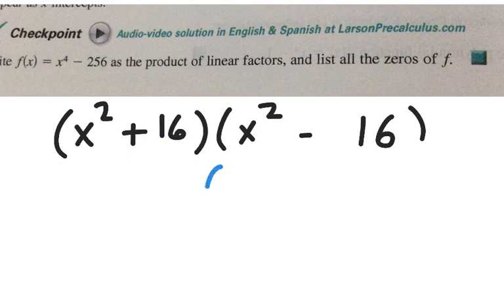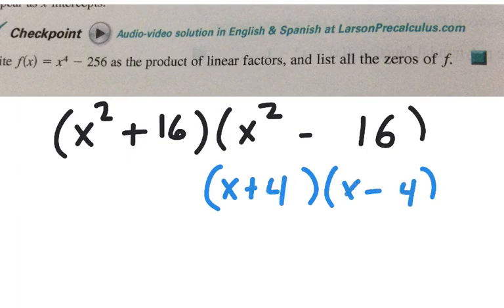So I can factor this to be x plus 4 times x minus 4. The first parentheses is a sum of squares, so it will not factor. It's going to give me imaginary roots.